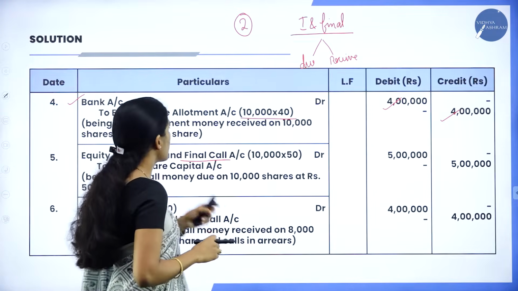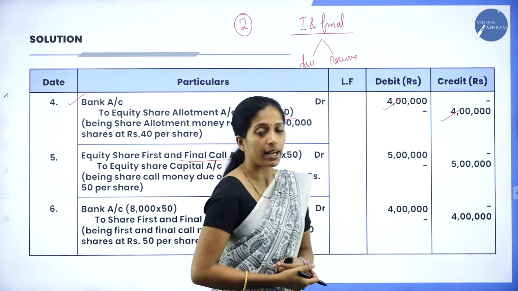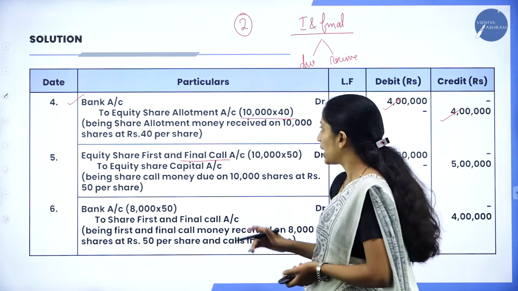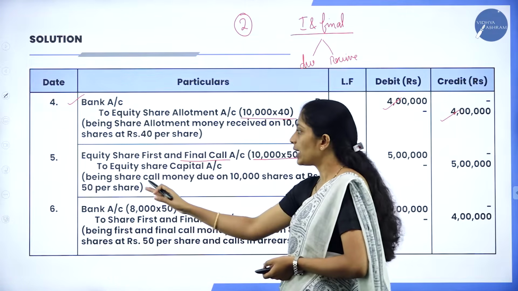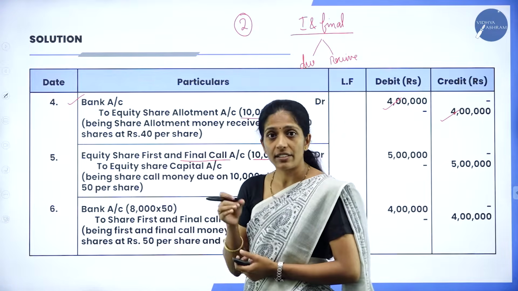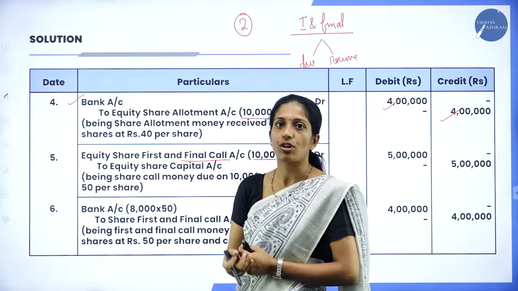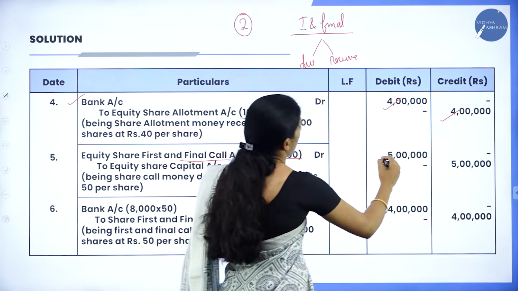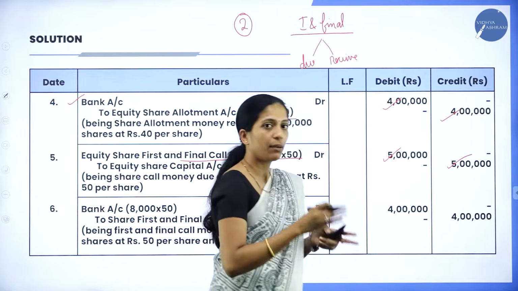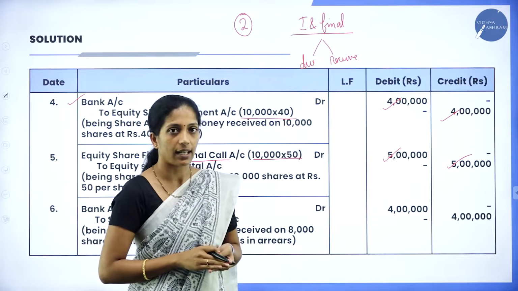Equity share first and final call account debit to equity share capital account, 10,000 into 50. What would be our narration? Being share call money due on 10,000 shares of rupees 50 each. Now what would be our amount? That is 5 lakh and 5 lakh on both the debit as well as the credit side.